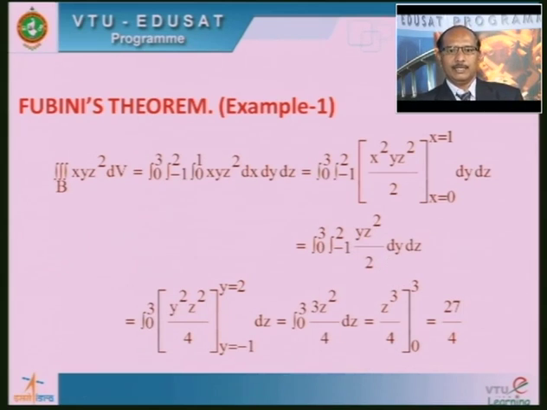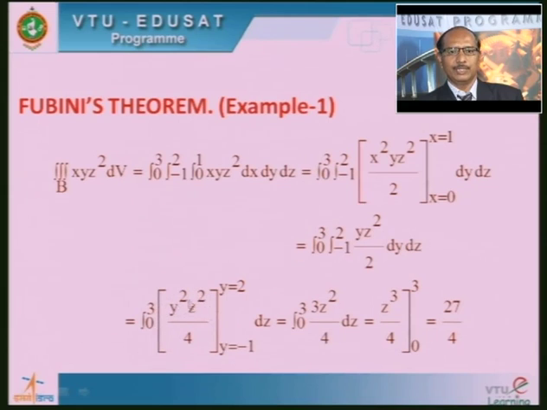Doing it with respect to y, keep the other variable z constant. So, z square by 2 is a constant, and integrating with respect to y gives y square by 2 into z square by 2, totally y square z square divided by 4. Then substitute the limits y equal to minus 1 to y equal to 2 and simplify.